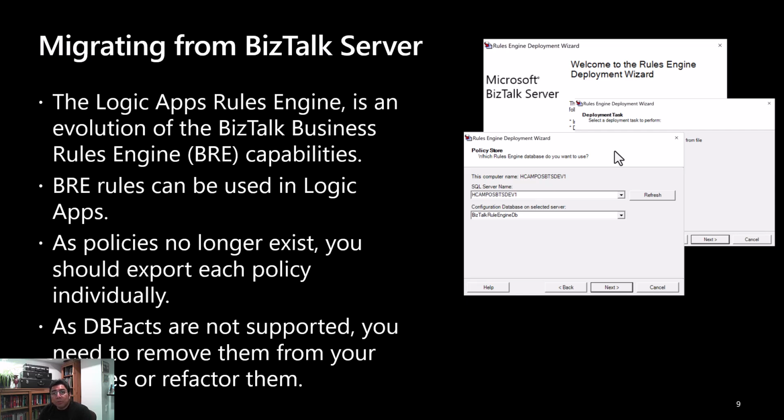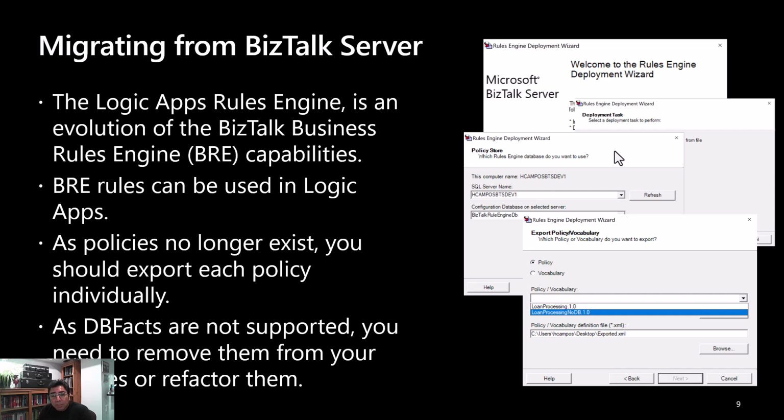For this, you will be using the rules engine deployment wizard available in BizTalk Server. So basically what this deployment wizard will do is connect to the BRE database and recognize the policies or vocabularies that you have available. Then you are going to add an XML location, and it will be exported for further use in Logic Apps.